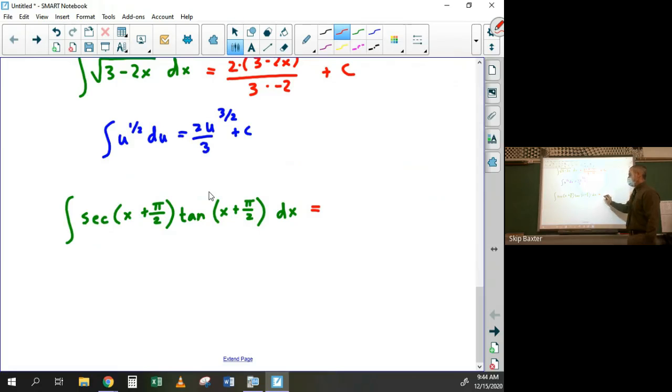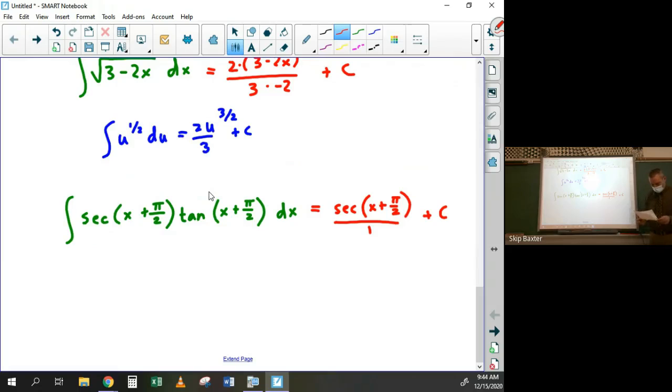The answer would be: the integral of secant u tangent u is just secant u. So this would just be secant of x plus pi over 2 divided by 1, since I would pick u to be x plus pi over 2 and its derivative is 1. So I divide by 1 just to show you that I'm doing it, but you don't really have to write that, obviously. That's the answer. You don't really have to do u substitution, so you're saving all that work.